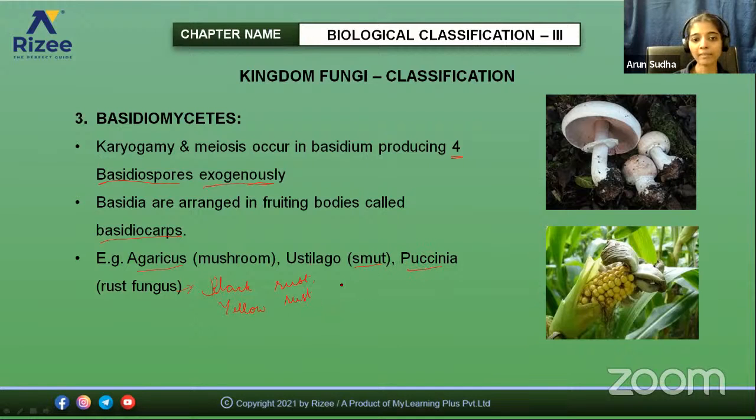It attacks wheat. So these are the main examples for Basidiomycetes.